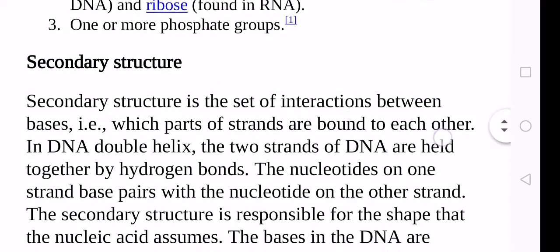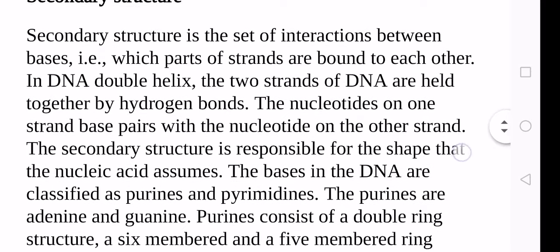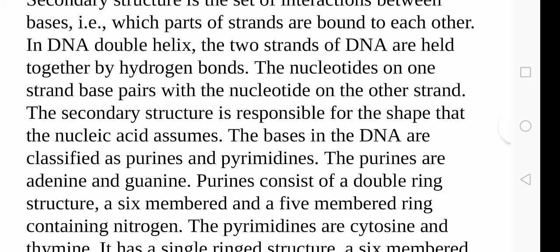Secondary structure is a set of interactions between bases. The nucleotides on one strand base pair with the nucleotides on the other strand. The secondary structure is responsible for the shape that the nucleic acid assumes. The bases in DNA are classified as purines and pyrimidines.